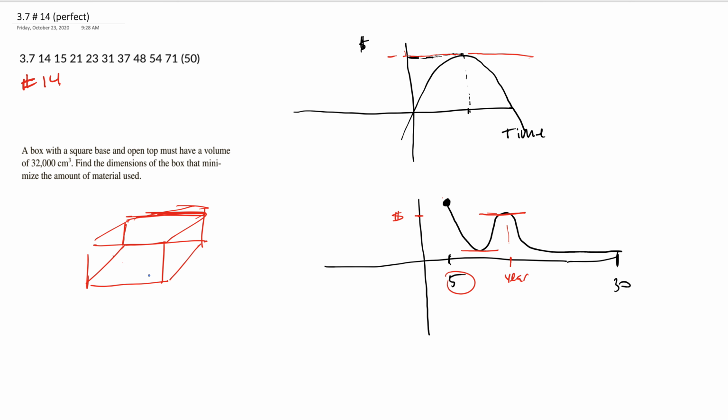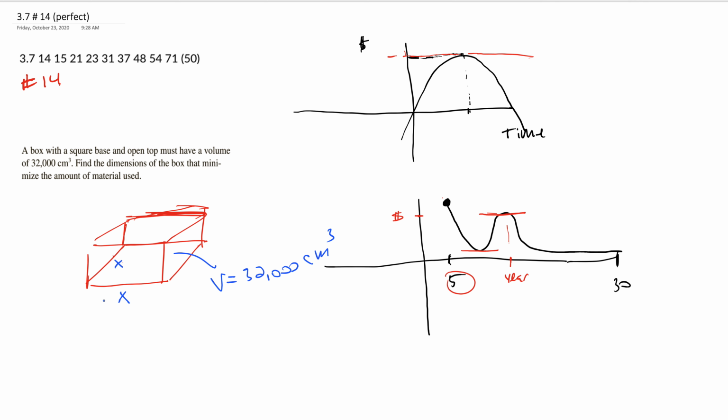All right, so we know its volume, V equals 32,000 centimeters cubed. And we know it's a square base, so we know that that's x and that's x. Whatever the length is, the width has to be also. Find the dimensions of the box that minimizes the amount of material used.